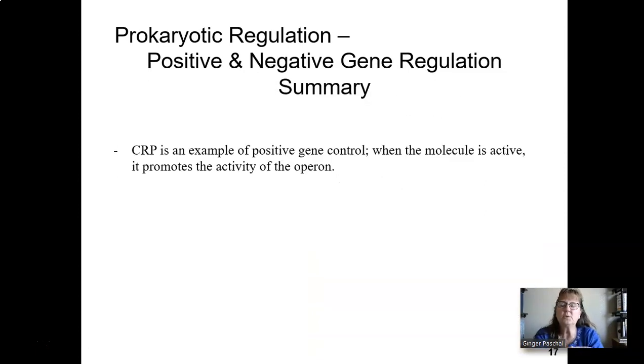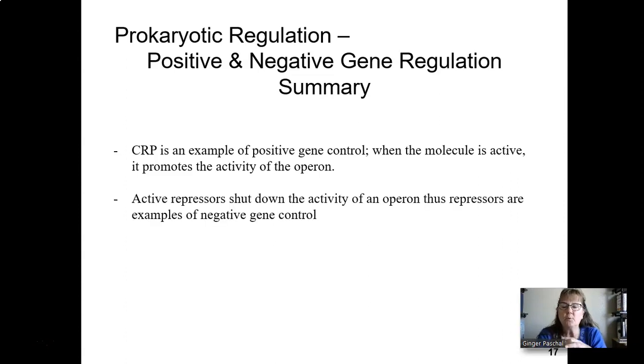So to summarize both positive and negative gene regulation, CRP is an example of positive gene control. When the molecule is active, it promotes the activity of the operon. So CRP is part of a positive gene regulation, whereas active repressors actually shut down the activity of an operon, and thus repressors are examples of negative gene control.